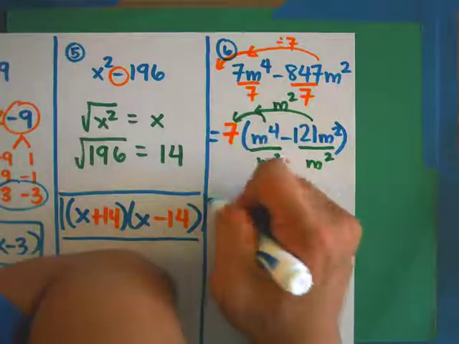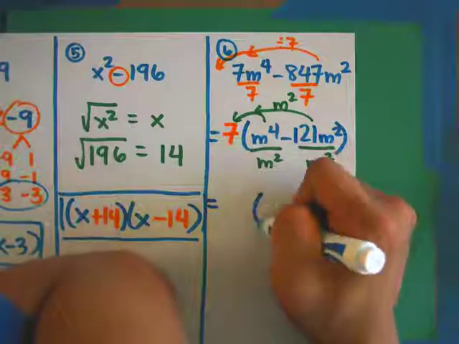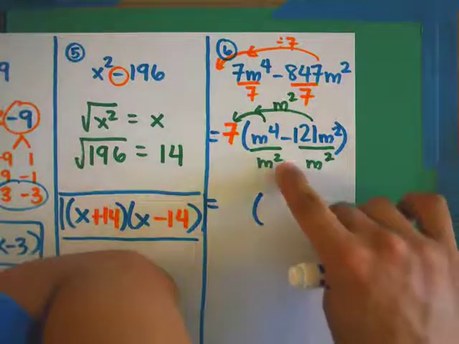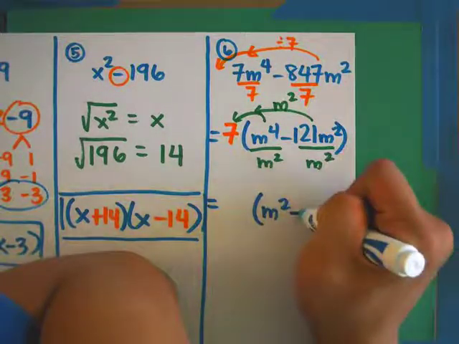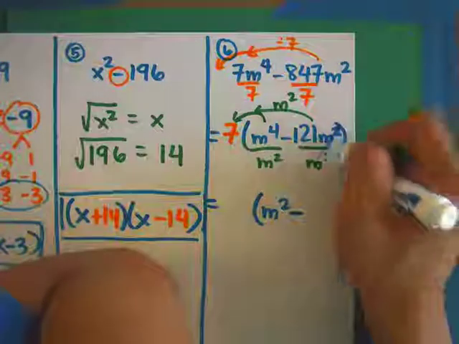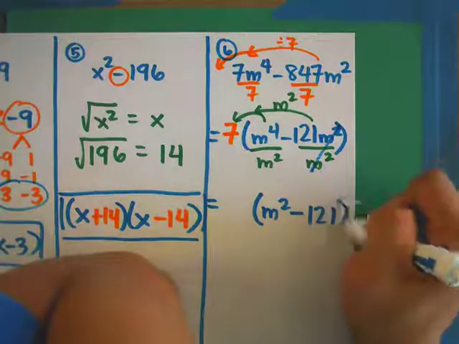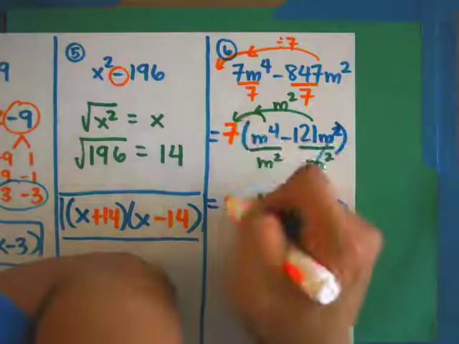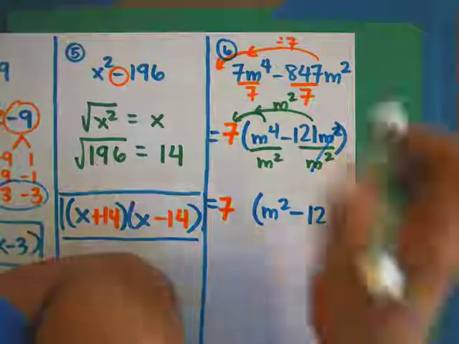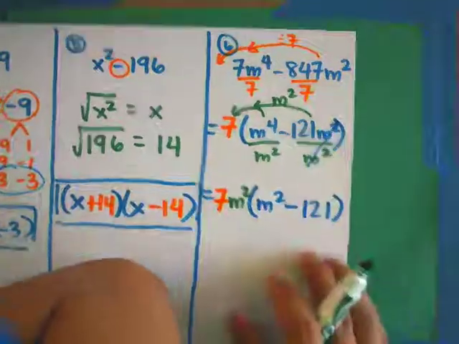Okay, so let's go take those out first. You have 4 m's and you're taking out 2, then that means you have 2 left over, and then you've already taken out those 2 m's, so now you're left with 121. So now on the right side you have 7, and then the m's that you've taken out, m squared.